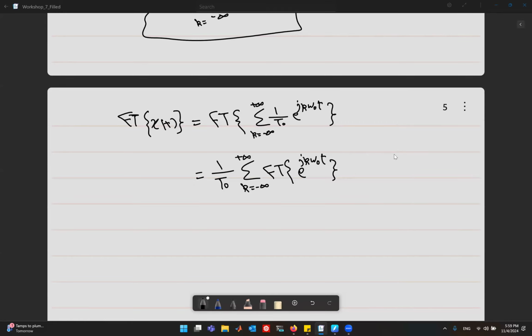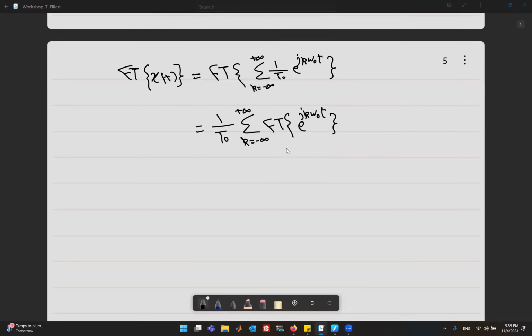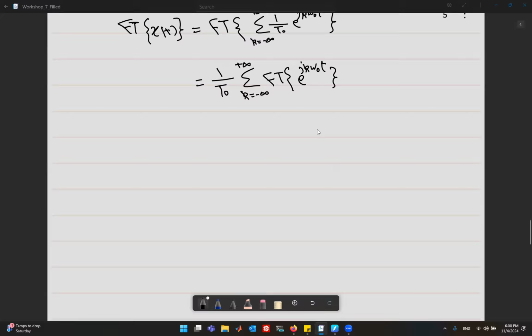Now we have a much simpler form of a function to do a Fourier transform for. And here we just have to find the Fourier transform of this simple exponential. And if you go back to the main lecture, you have found the Fourier transform for this, which was this way.